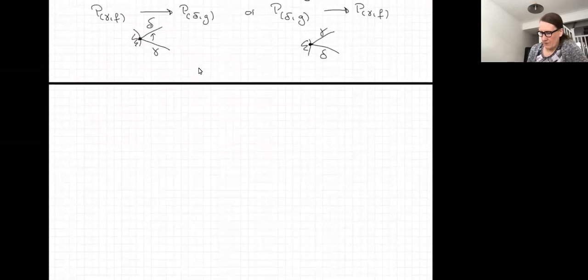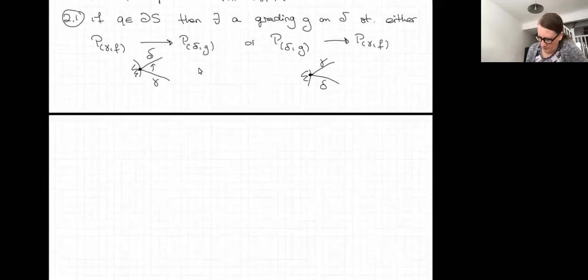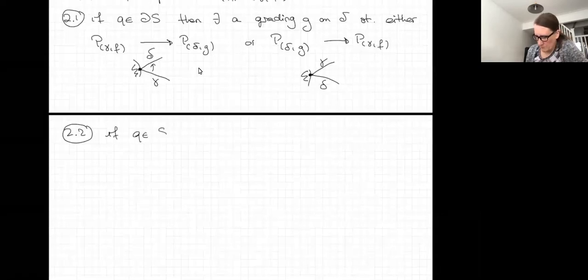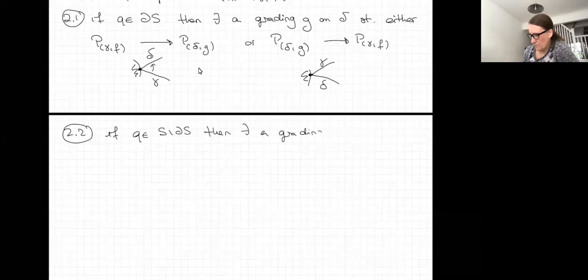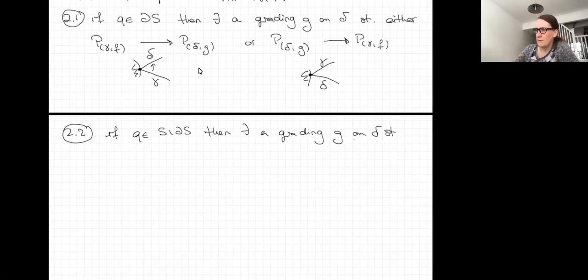If the intersection is in the interior, then again there exists a grading G on delta such that we have two maps.